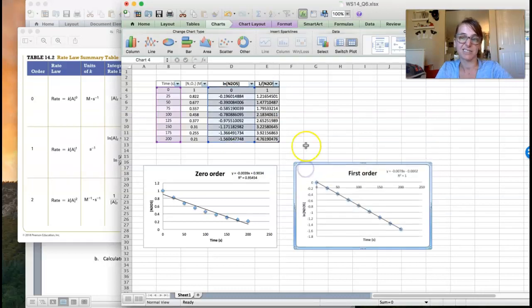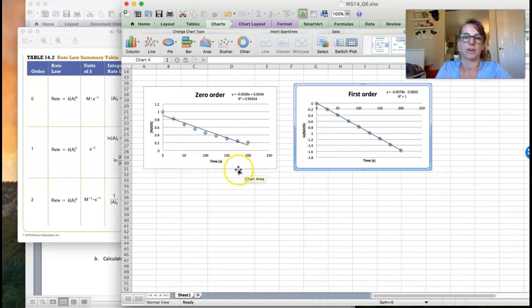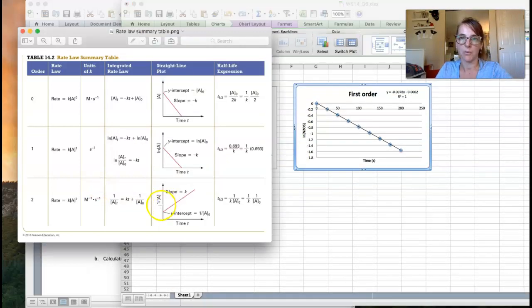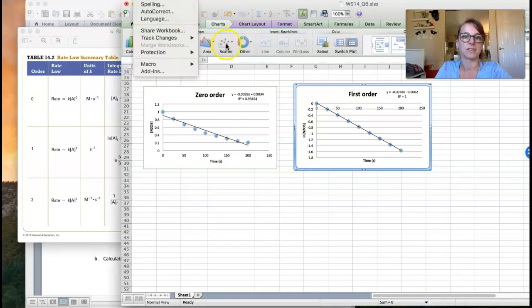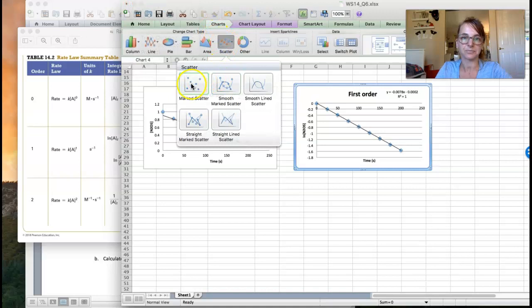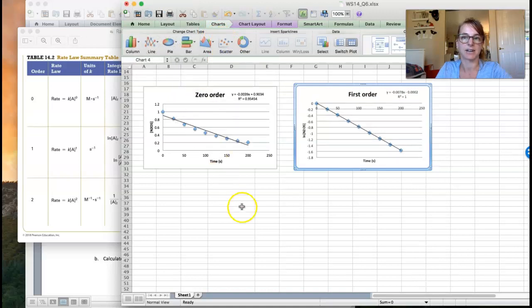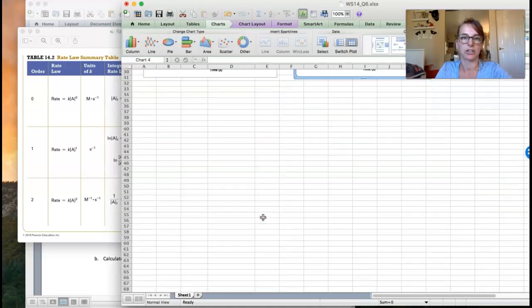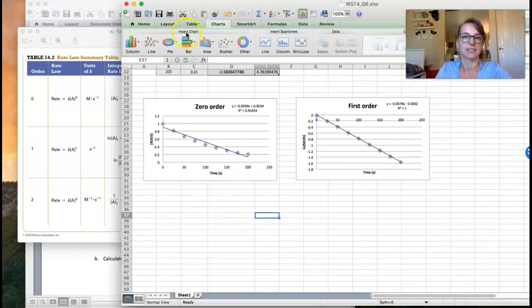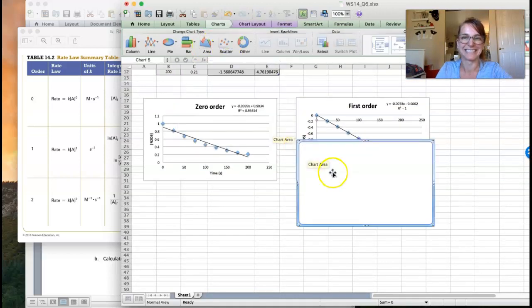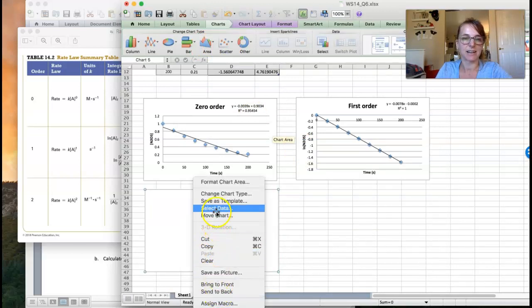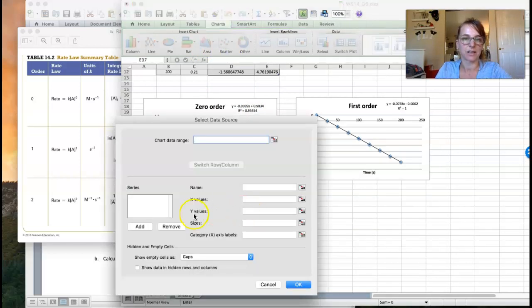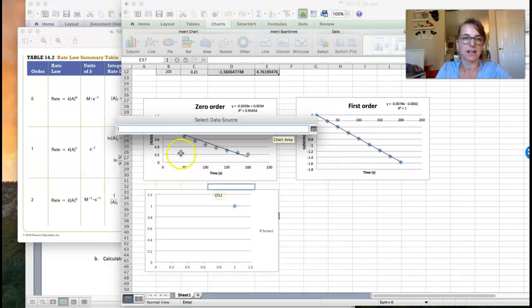And then I want to see, does it follow second order kinetics? So I would need to plot 1 over the concentration of the reactant versus time. So insert chart, XY scatter. Where'd you go, chart? Oh, I think I'll try again. All right, so then I'm going to select my data, add a series, X values.